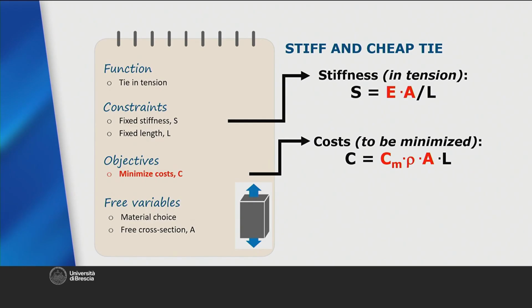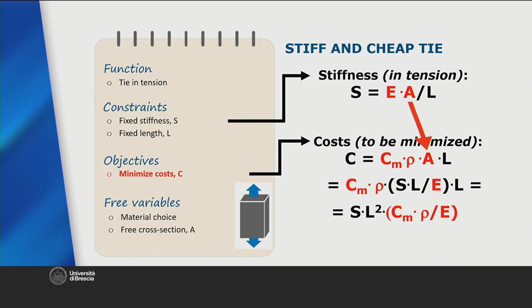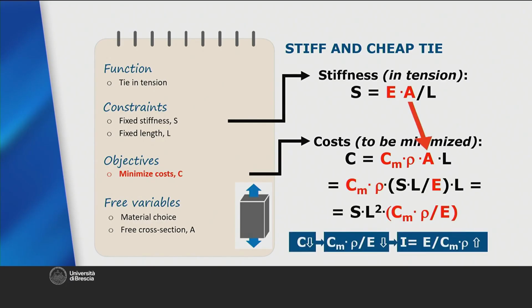In both cases, the change will concern the objective function, which in the first case will be expressed as cost, that is, the product of Cm, cost per unit weight, the material density rho, and the product of cross-section and length, by substituting the cross-section and thus combining the constraint function. With that objective, it follows that minimizing the cost is achieved by minimizing Cm times rho over E, or by maximizing its reciprocal, the new index is E over Cm times rho.